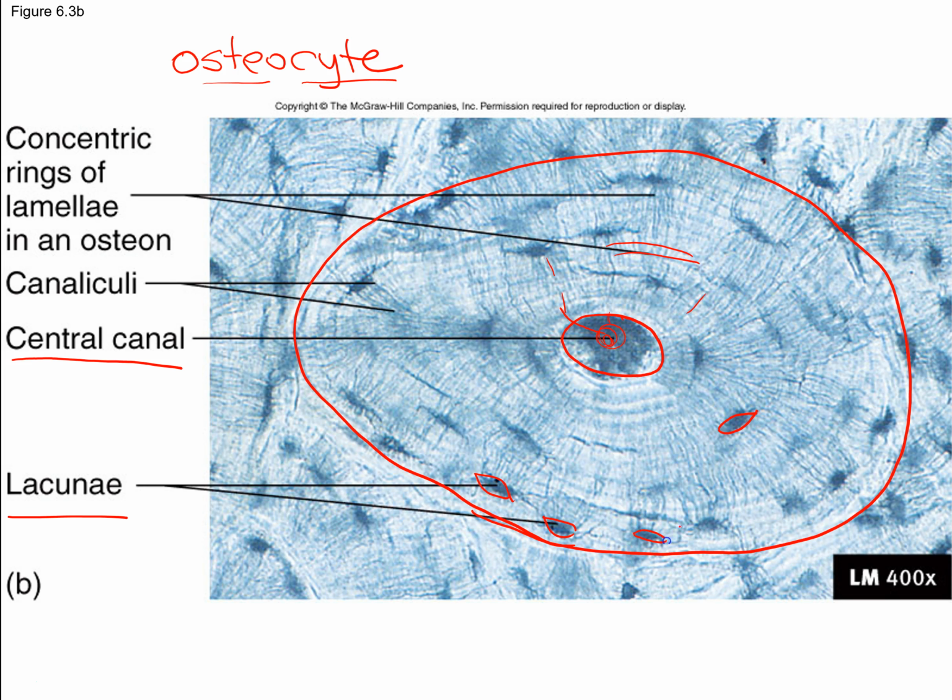And inside each of these little spaces, you would find an osteocyte. So, once again, the entire structure is referred to as an osteon. It has a central canal. It has tiny little spaces called lacunae that contain the bone cells, osteocytes.